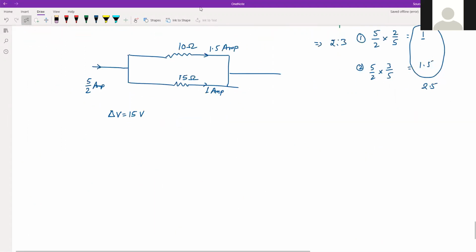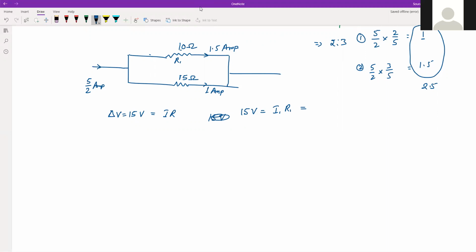So 15 volts is this, and we know that that is equal to I into R. R is how much? 10. So what should be the current here when we know the potential difference? Suppose this is R1. So that means this 15 volts is equal to I1 into R1.